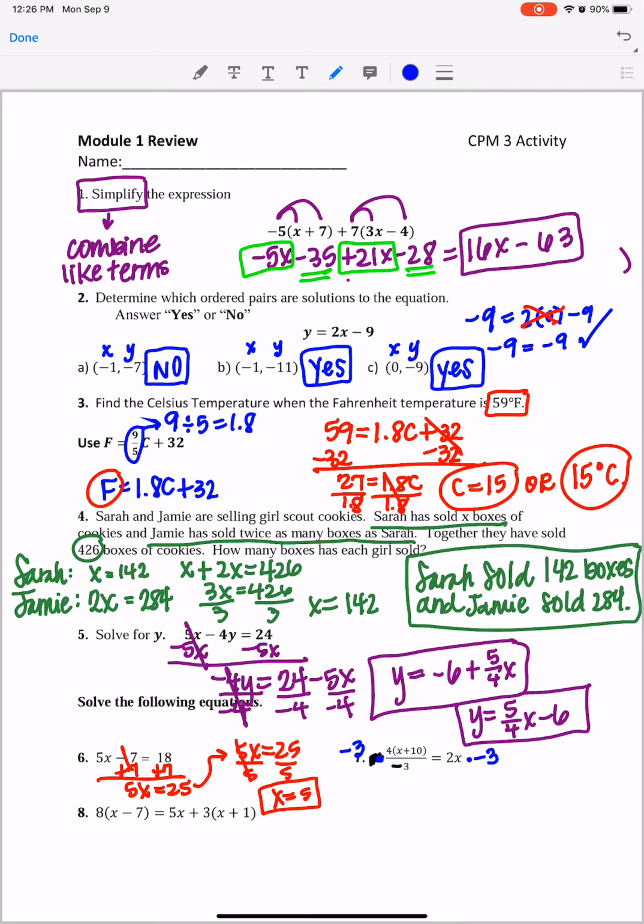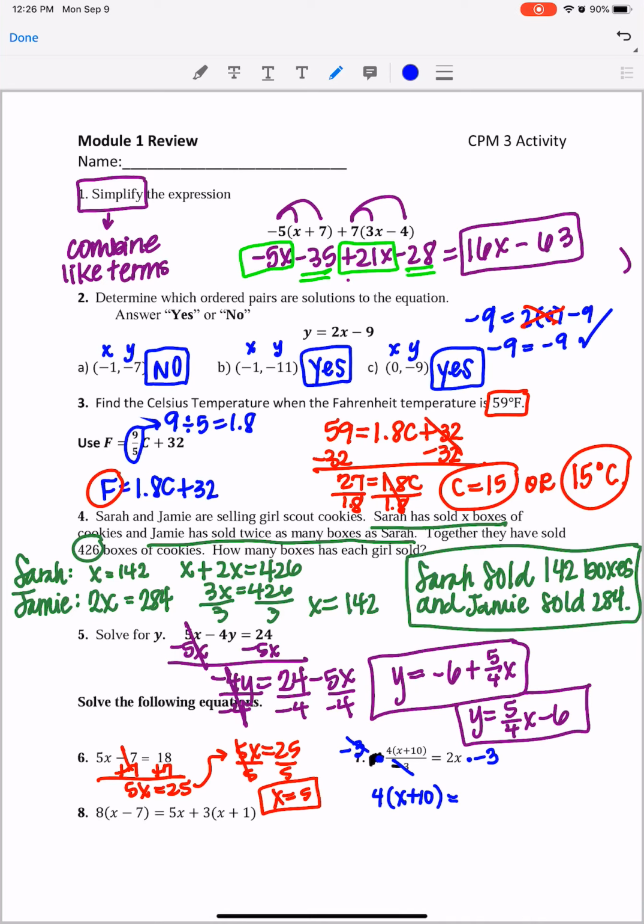Don't let this confuse you. When you multiply this side by negative 3, my negative 3's cancel, so I'm not multiplying anything on the top by negative 3. The top of this just simply comes down because it cancels with the one on the bottom. It's gone.